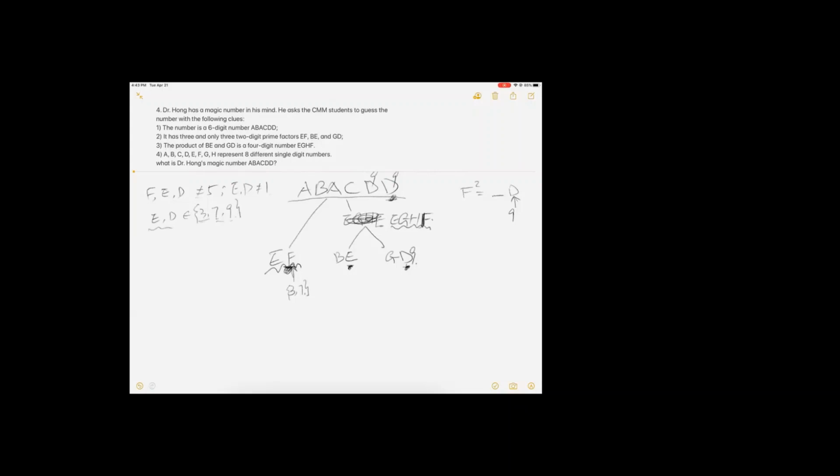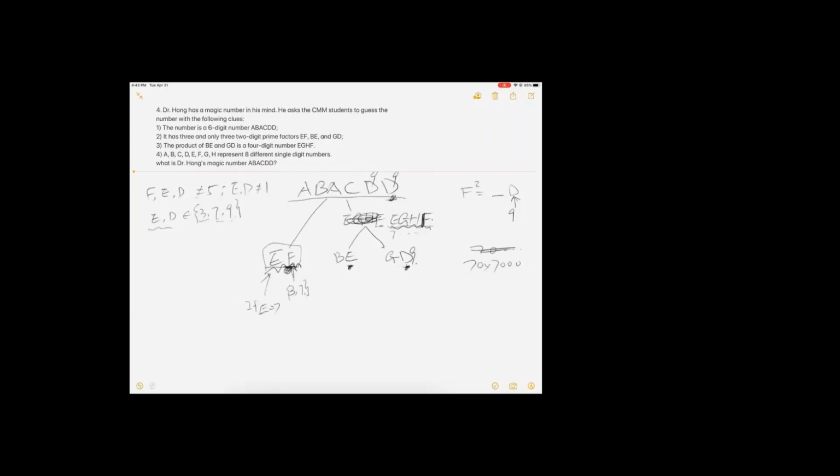If E equals 7, then EF will be 70 something, and then EGHF will be 7,000 something. So 70 something times 7,000.